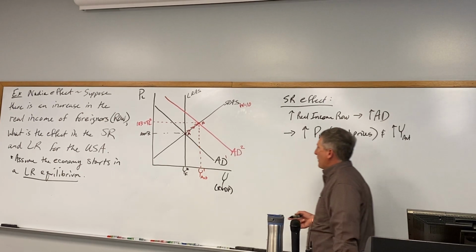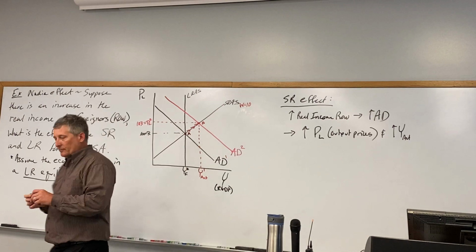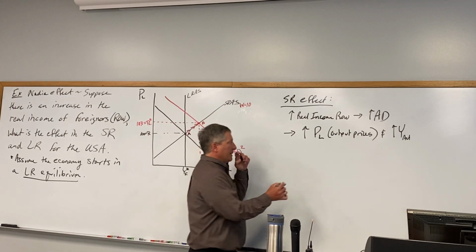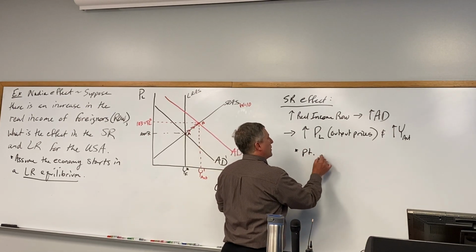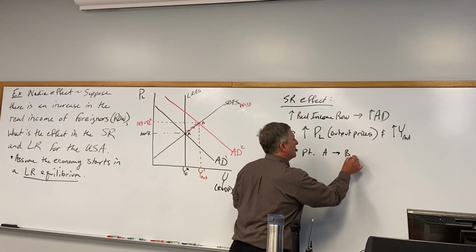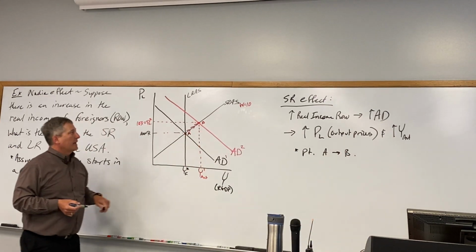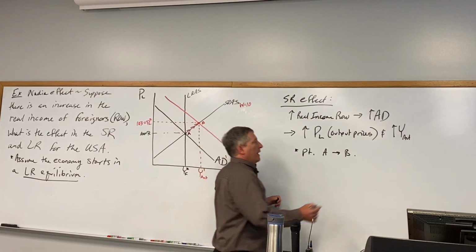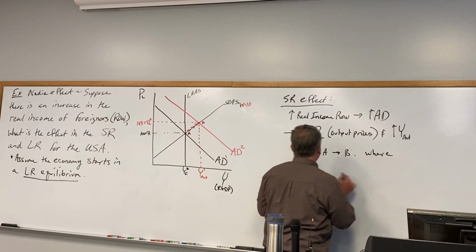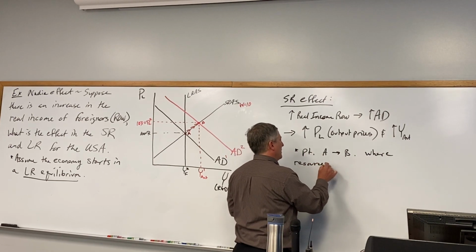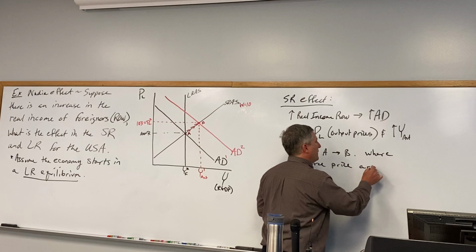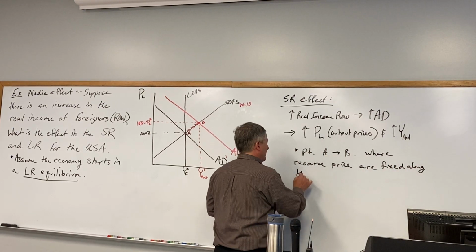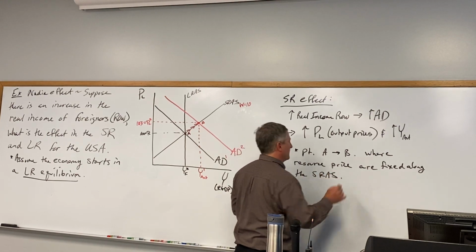So those two things went up. So in the short run, in summary, we move from point A to point B on my graph. So you can add points A and B, where resource prices are fixed along the short run aggregate supply curve.